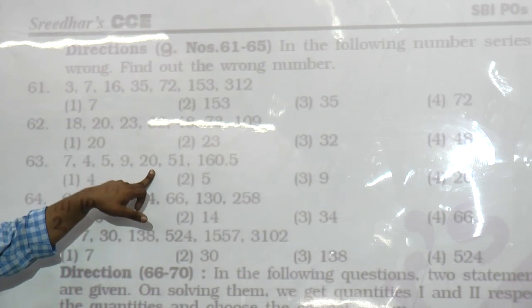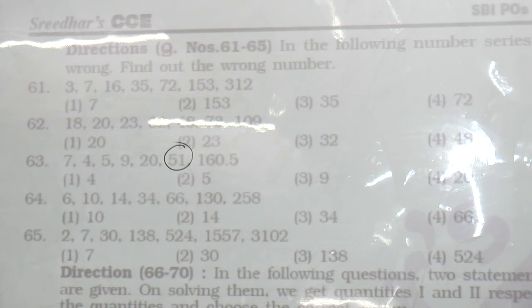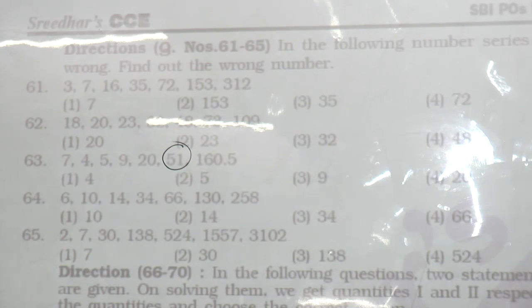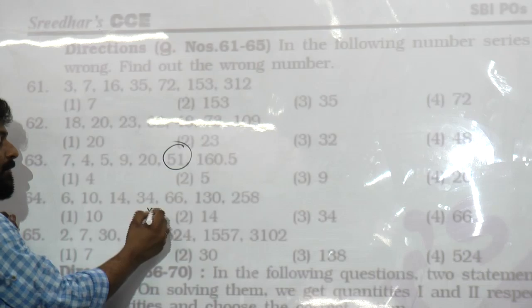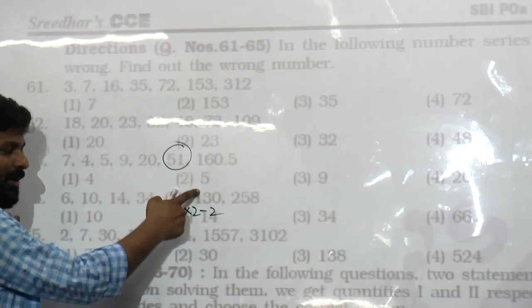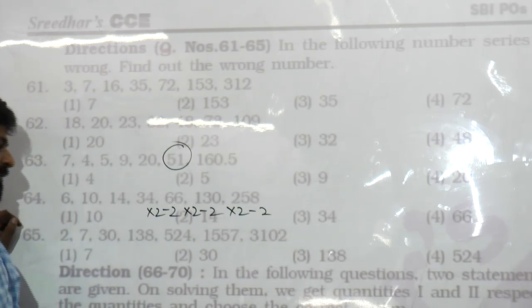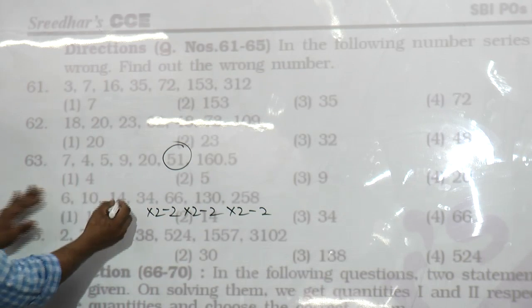Into 2 and a half plus 2 and a half. 34 is 2 times minus 2, 66 is 2 times minus 2, 132 minus 2, and into 2, 132 times 2 is 260 minus 2 satisfies. 14 times 2 is 28 minus 2 not satisfying.